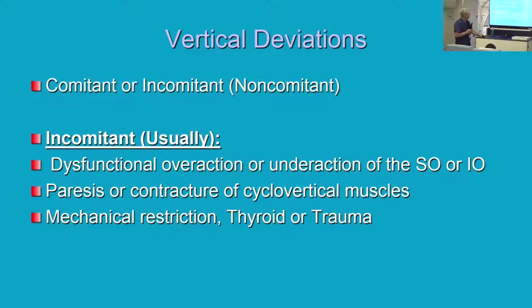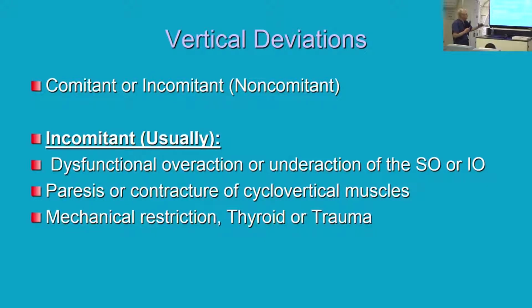So vertical deviations are often incomitant, and they can be due to dysfunctional overaction or underaction of the superior or inferior oblique muscles. It could be due to paresis or contraction of one of the cyclovertical muscles, or it could be due to mechanical restriction, as we see in thyroid disease or in trauma to the muscle.